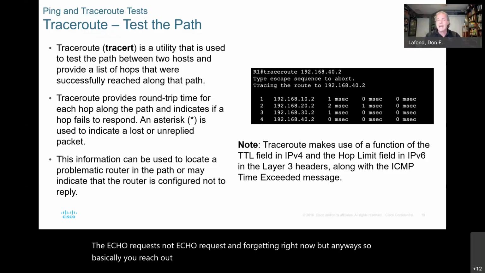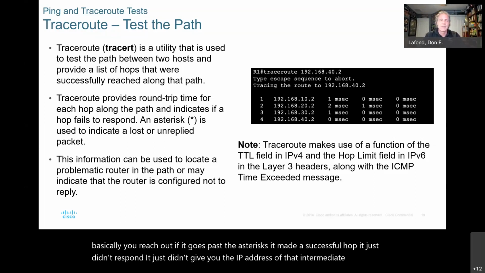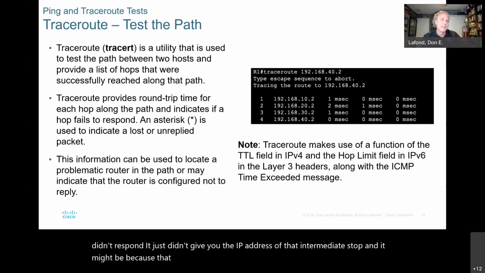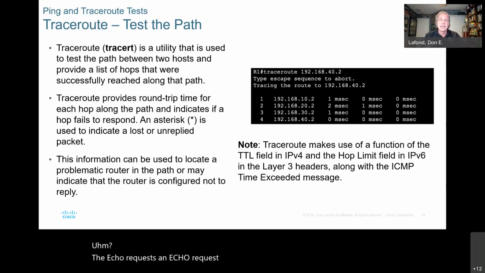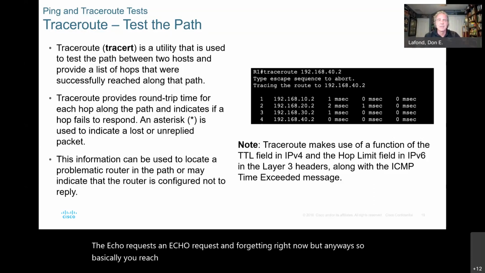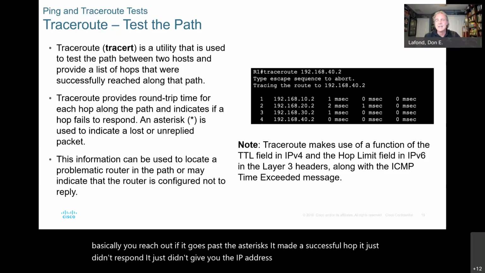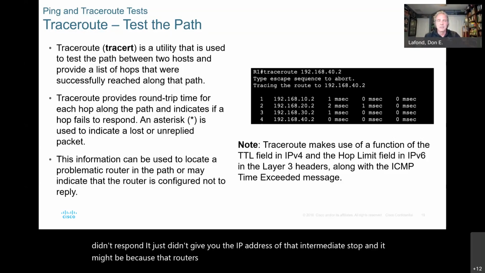If it goes past the asterisk, you know it made a successful hop. It just didn't respond. It just didn't give you the IP address of that intermediate stop. And it might be because that route is inside of somebody's network. You can ping different IP addresses, maybe the school's address or something, and you'll see some hidden routers.